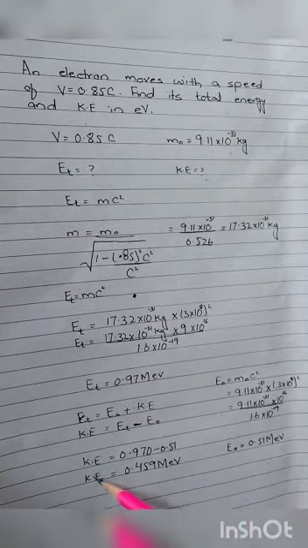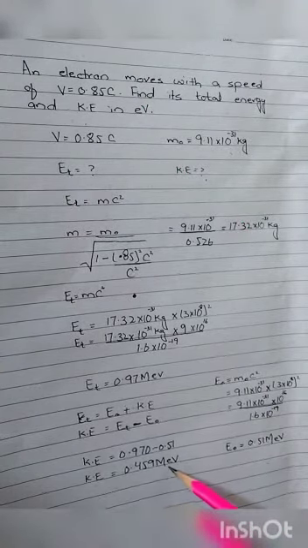You get the value of kinetic energy equal to 0.459 mega electron volt.